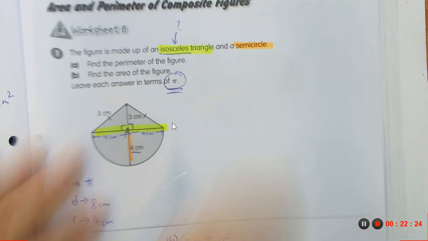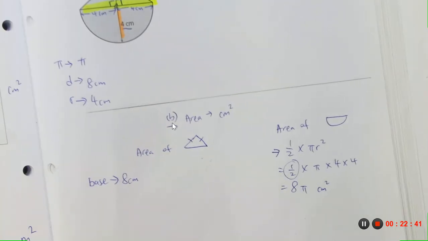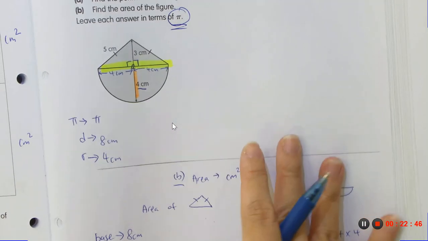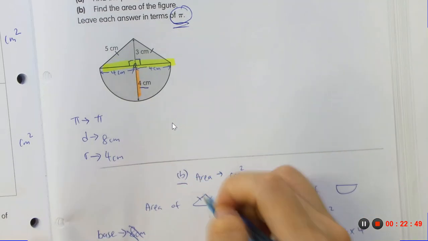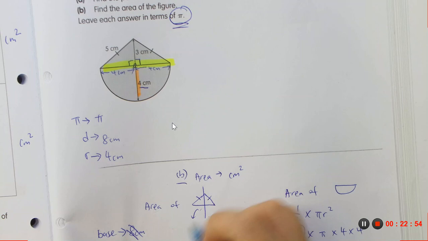I can't use 8, because the height is not so easy to find. I have a right angle there, but it's difficult to find that. So I won't use base as 8 then. I'll use what Achilles said as 4. Why? Yeah, that's right. I will cut this into 2 right angle triangles.